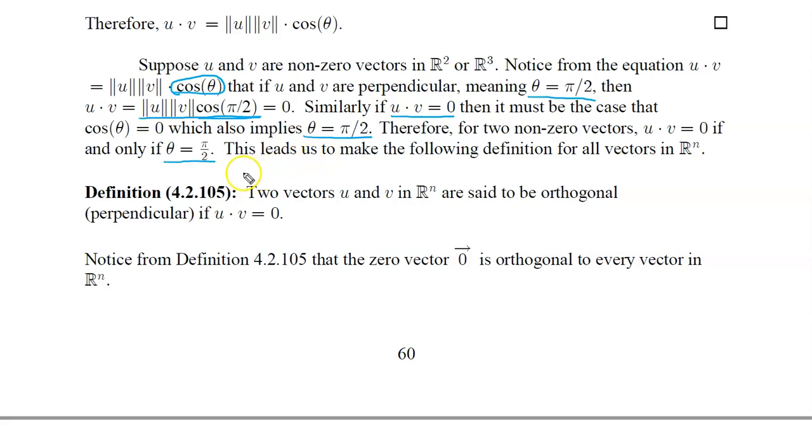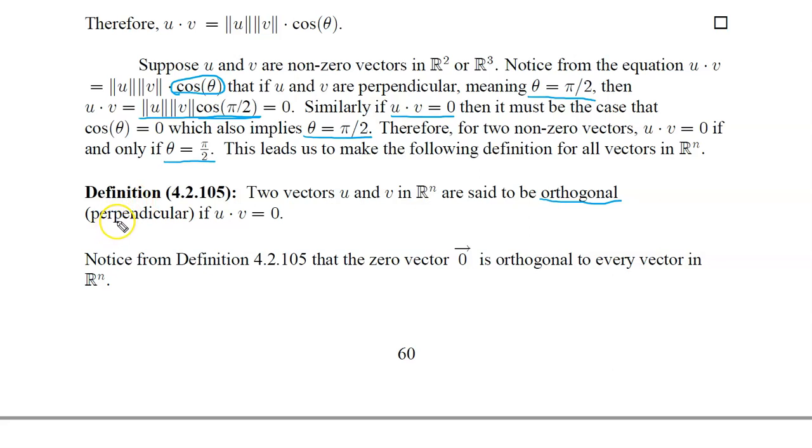And so what we do then is we create the following definition, and we generalize this for all vectors in Rn. If we take two vectors u and v in Rn, we say that they are orthogonal. That's the word we use instead of perpendicular for general vectors.